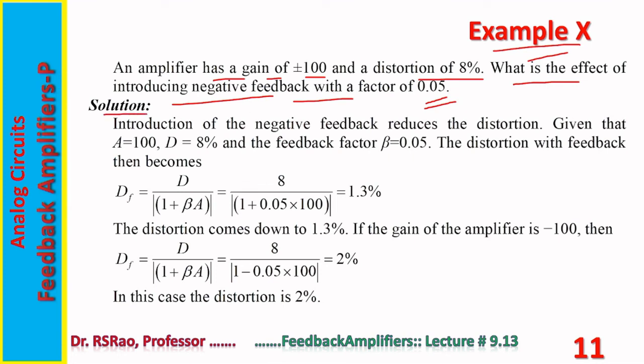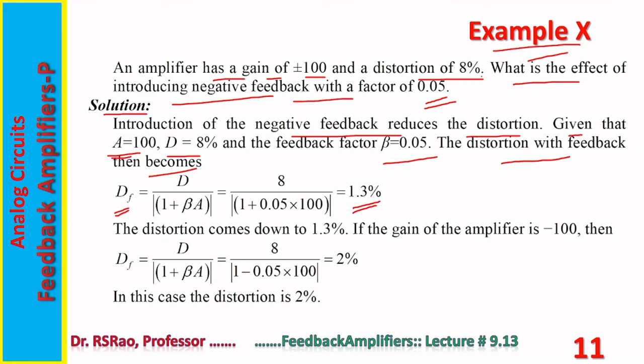Solution. Introduction of negative feedback reduces distortion. Given that A is 100, D is 8% and feedback factor is 0.05, distortion with feedback DF, meaning distortion with feedback, is equal to D, distortion without feedback, by mod of 1 plus beta A. It turns out to be 1.3%.